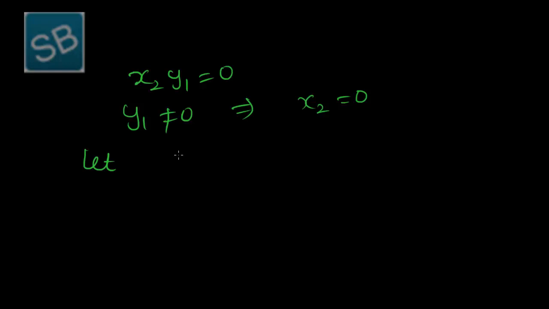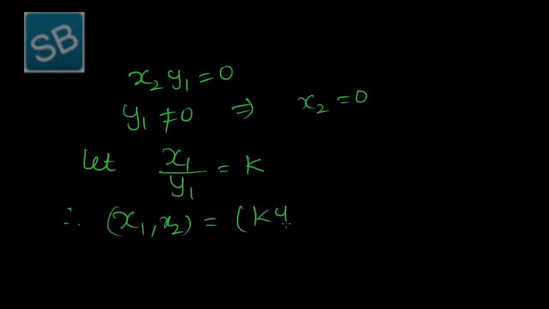So, as x2 y1 is equal to 0 and y1 is not equal to 0, this implies x2 is equal to 0. That is, also let y1 is not equal to 0, then x1 over y1 is equal to k. Therefore, (x1, x2) is equal to (k y1, 0).